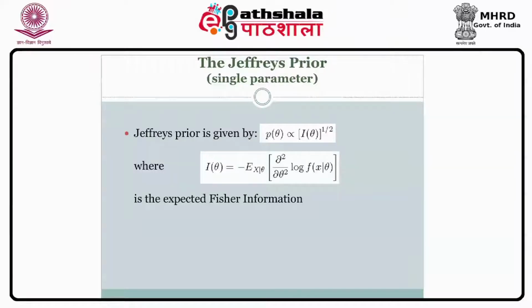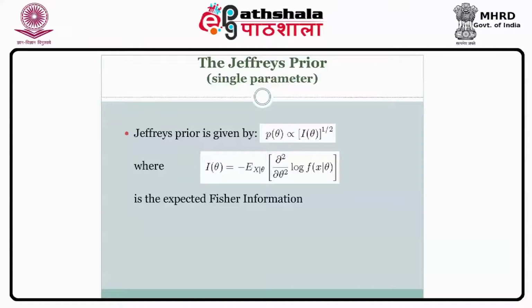If you look at that, like in the previous slide, you see that pi theta is essentially minus the expectation, given theta, of the second derivative with respect to theta of log f of x given theta, this whole thing to the power half, right?